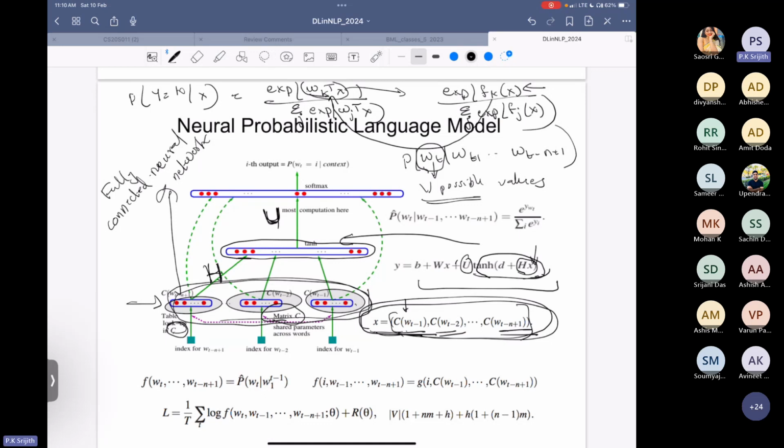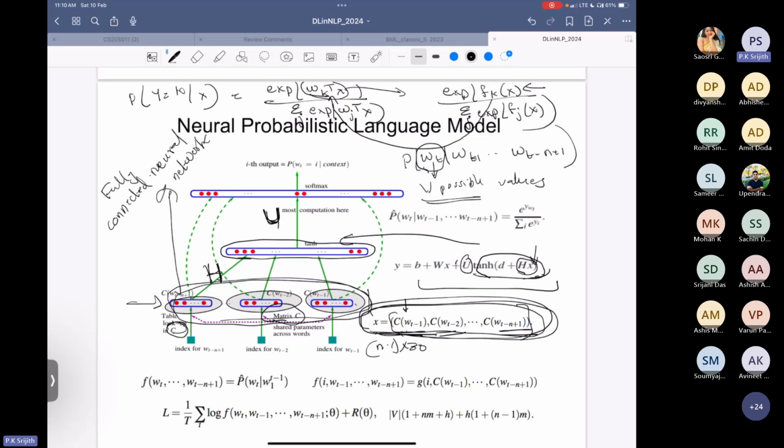If I assume that each of these word vectors is 30 dimensional, and I am considering n minus 1 past words, then the length of this x is going to be n minus 1 times 30.